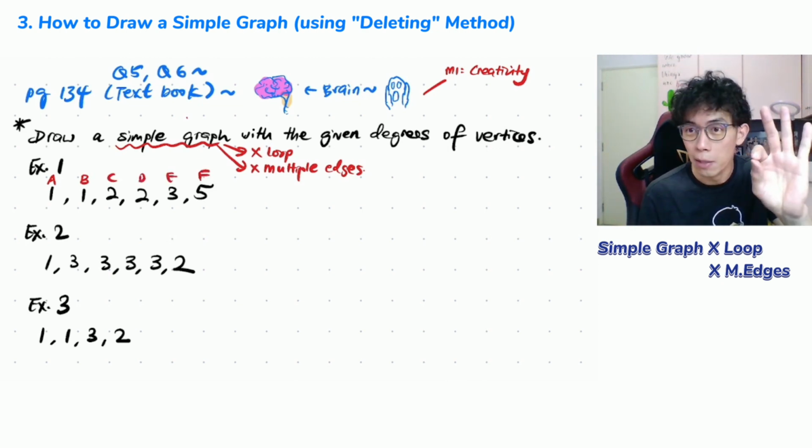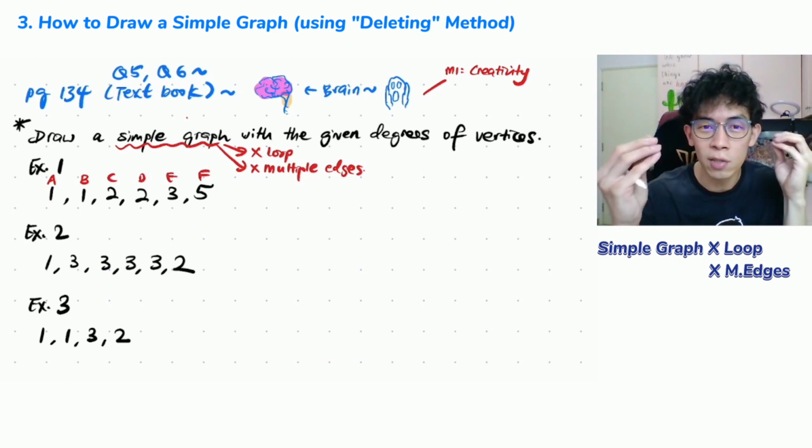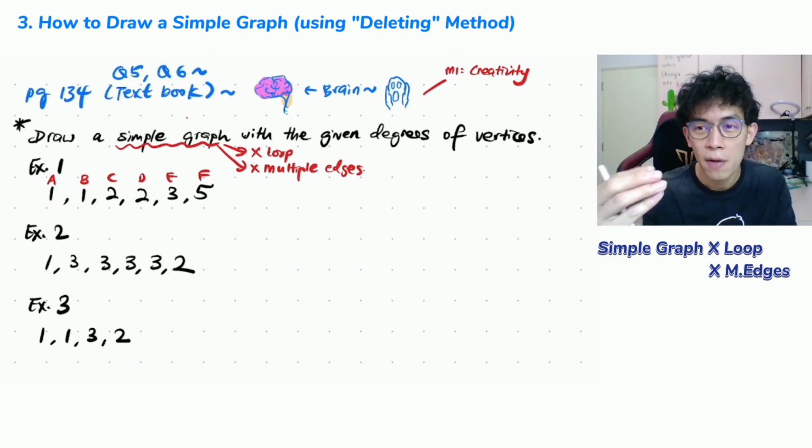Now look at random. Random means look at that. If you do a lot, you will say, teacher, I start off with the highest degree. Can you see that?